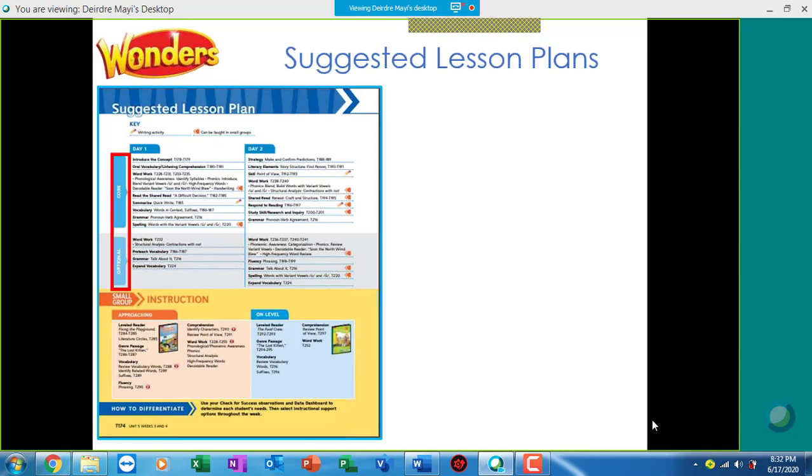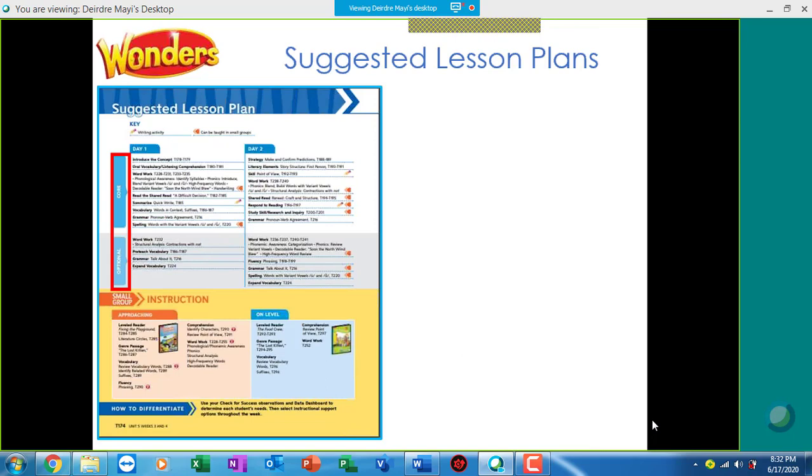Note that the top of this page is white and that the bottom of the page is gold. This is very significant. Here's why. As you're turning through your Teacher's Edition, any page that has a white background has content that is meant to be taught in whole group.